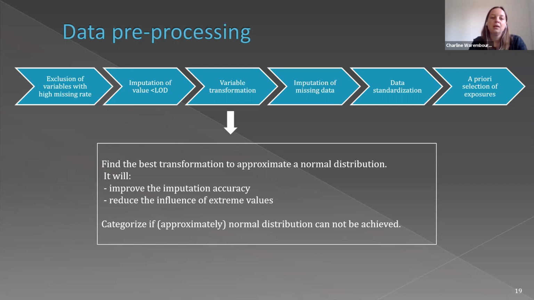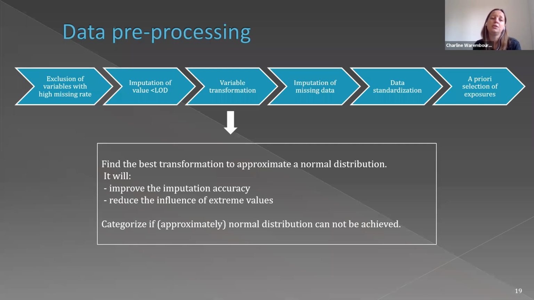So here we suggest transforming your variables for two different reasons. The first one is to improve the imputation process that we are doing just after, because some techniques need to be applied on normally distributed variables.